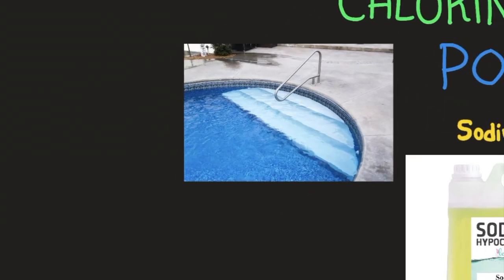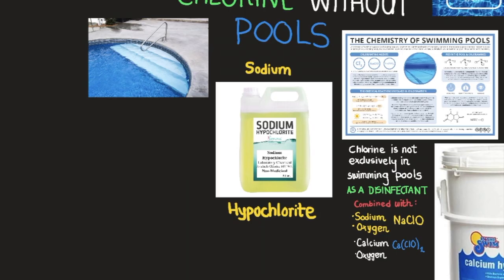And here we can see a pool has chlorine, because as individuals swim in the pool, they may secrete bacteria or viruses that they may contain within their human body. They may be sick, or they may have remnants of those viruses or bacteria when they were sick, and that can transmit into the water.